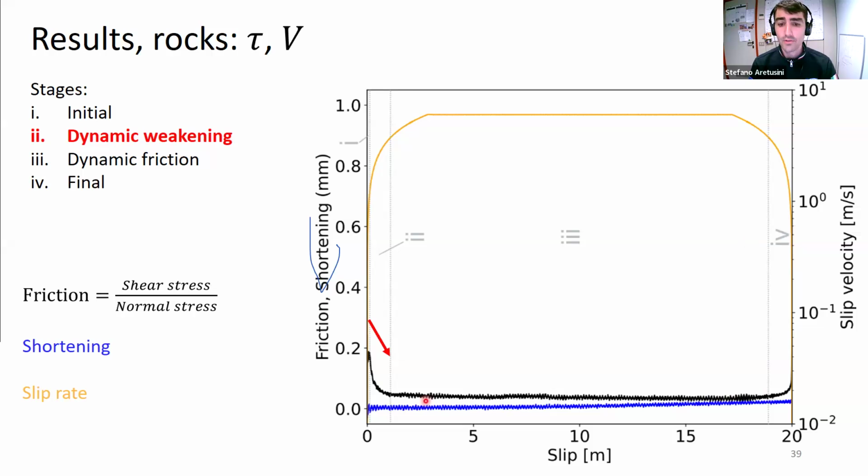Shortening is basically not changing. In fact, in bare rock, as we've seen in the video before, the rocks are not really compacting. This is probably due to the fact that friction is so low that you don't need to deform the rocks outside the slipping zone.